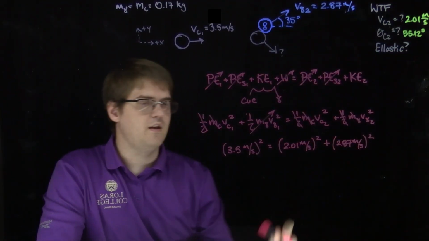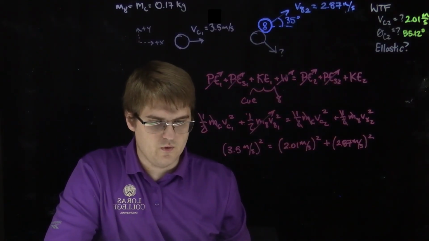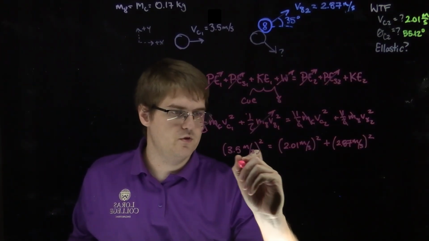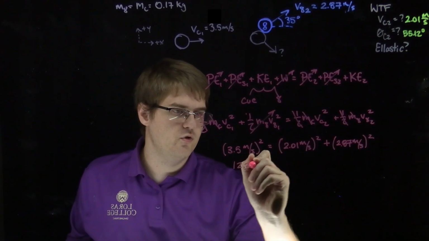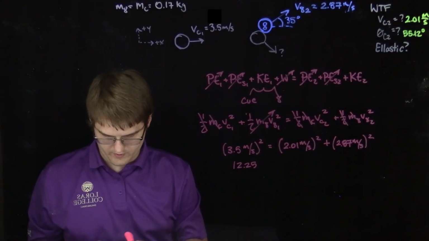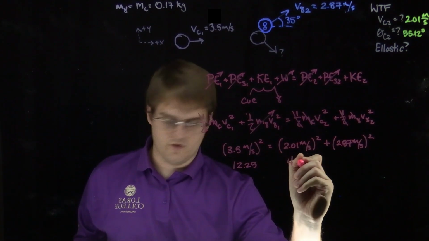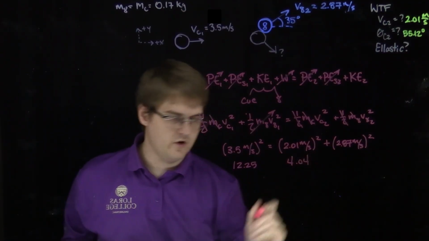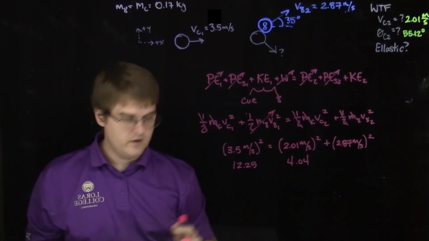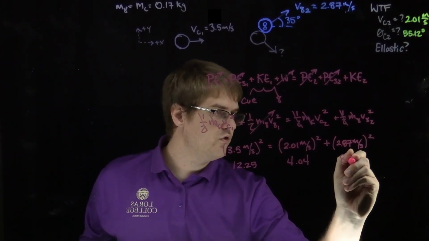So if this is true, this side should be equal to that side. And what comes out is I have 3.5 squared, which should be 12.25. And my 2.01 squared, I didn't write down the individual values. Again, remember this is me without the full number, so there's probably some rounding errors here. 4.04 and 2.87 squared is going to be 8.24.